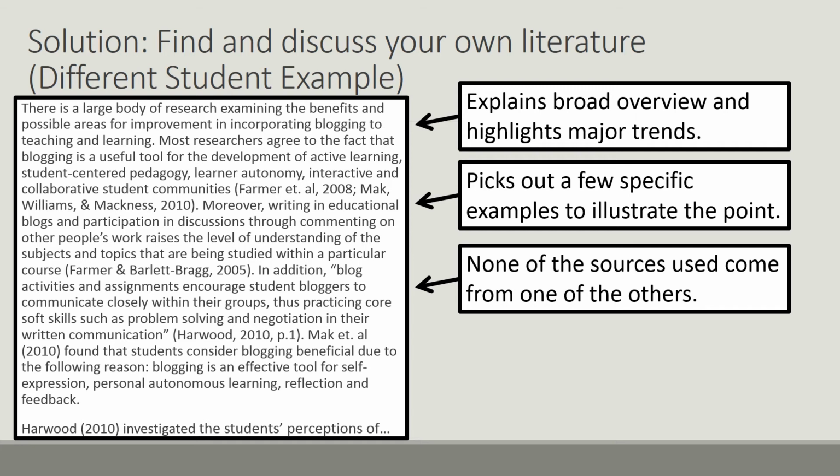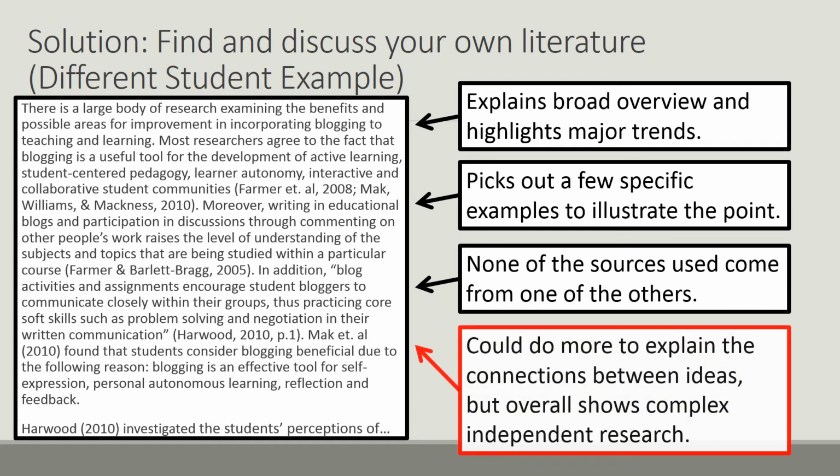In the previous example, we saw a student that got all their research from one place. This student has taken research from several sources and brought them together on their own, and that's a good thing.